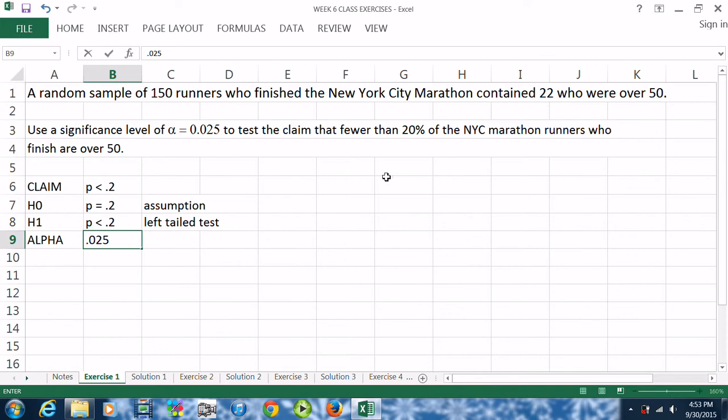Because remember, if you're working with a bell curve, the middle 95% is likely, and then the other 5% is divided evenly into the left and the right tails. And so half of 5% would be 0.025, so that would be the probability of being in the left tail, which is the probability of having an unlikely event. And unlikely events mean our null hypothesis is probably wrong, and we would go with the alternative hypothesis.